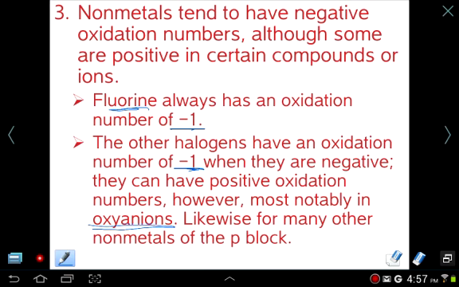So things like chlorate, for example, or perchlorate, and many from the P block. There's a lot of variation in the P block. So you'll see that chlorine can actually take up many different oxidation numbers, depending on the compound in which it is found.